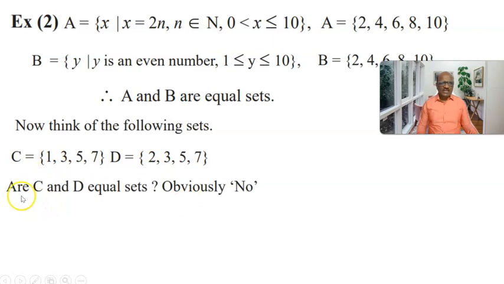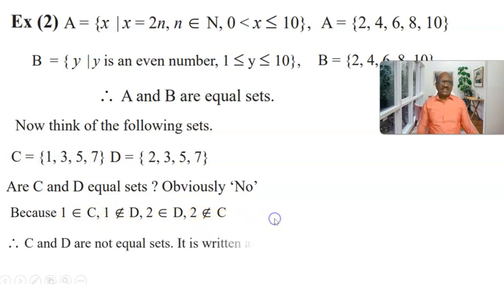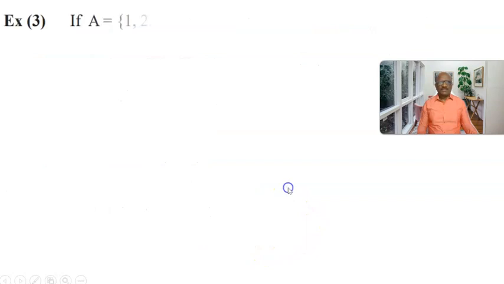Are the sets C and D equal? Obviously no, because 1 belongs to C but does not belong to D. 2 belongs to D, but 2 does not belong to C, and hence these two C and D are not equal sets. It is written as C is not equals to D. These are not equal sets.